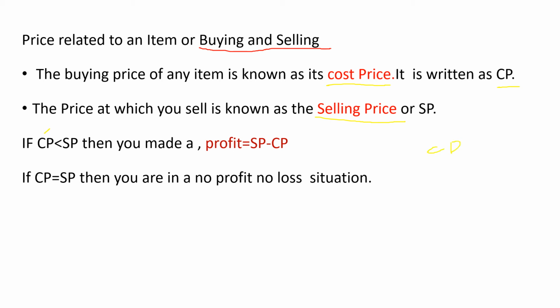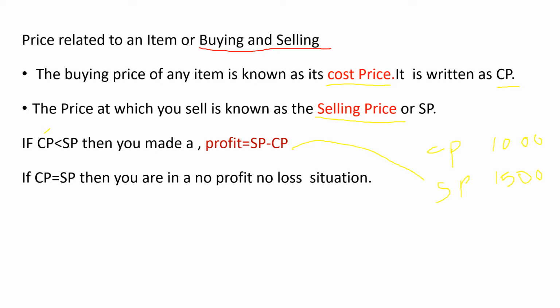You bought from a shop for 1,000 rupees, and you're selling to your friend for 1,500. So here which is greater? Cost price is greater or selling price is greater?